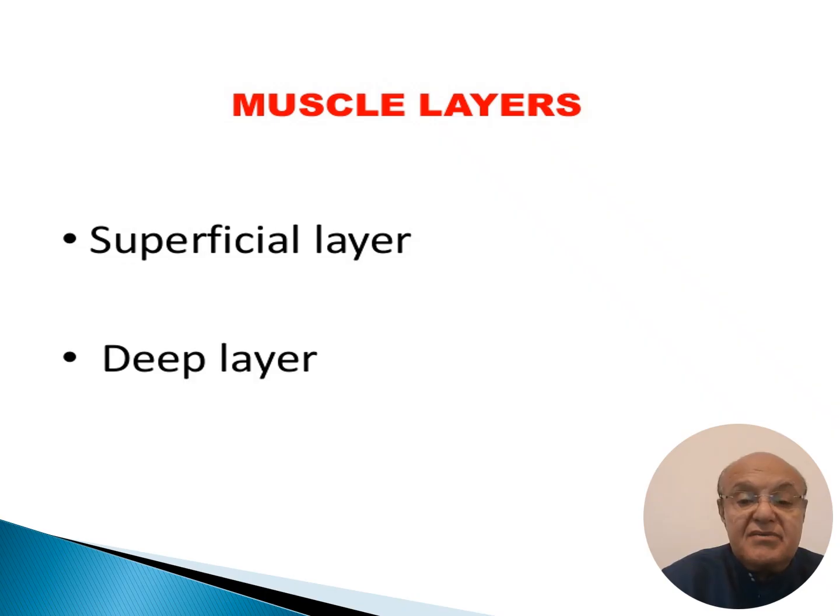Any weakness of these muscles, or their covering fascia, will lead to a prolapse of the vagina, whether anteriorly with the bladder or posteriorly with the rectum, or prolapse of the uterus to the outside.